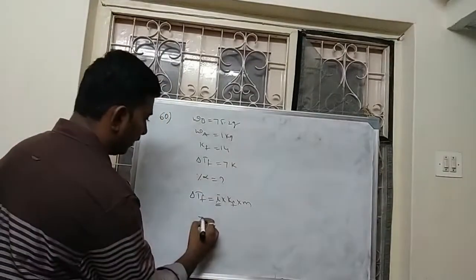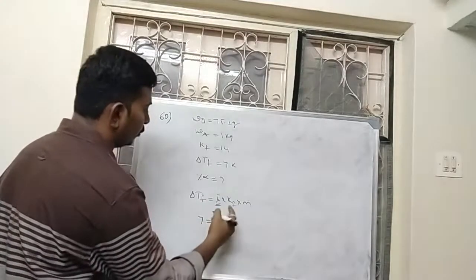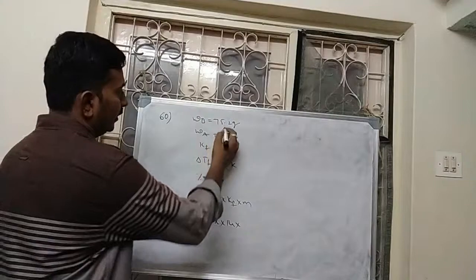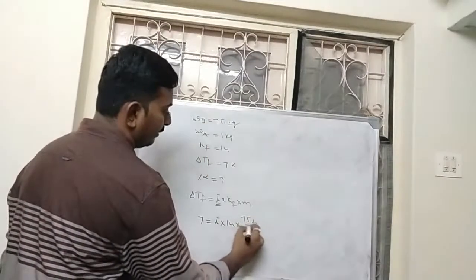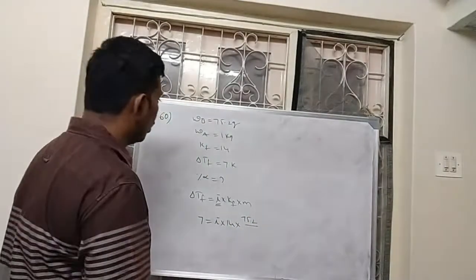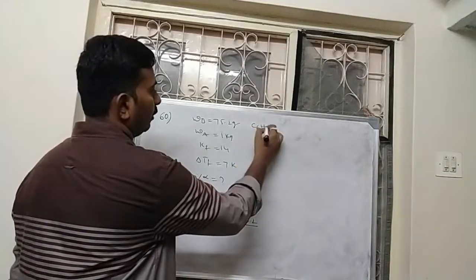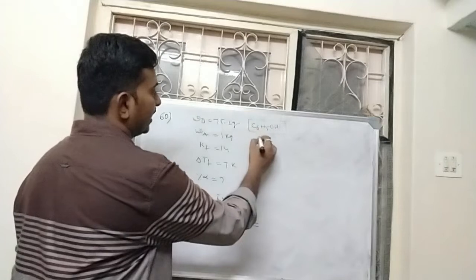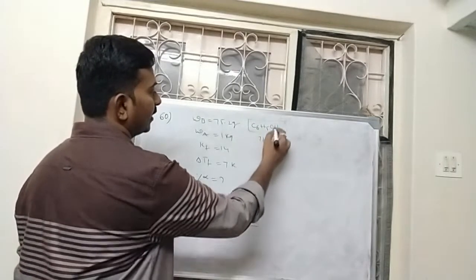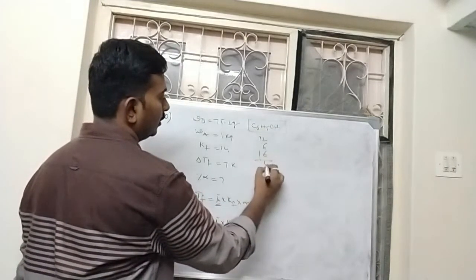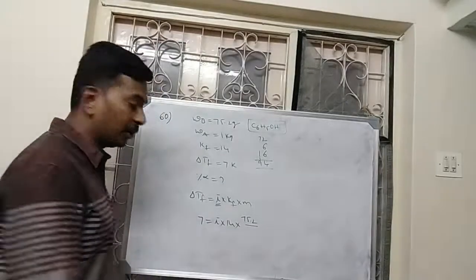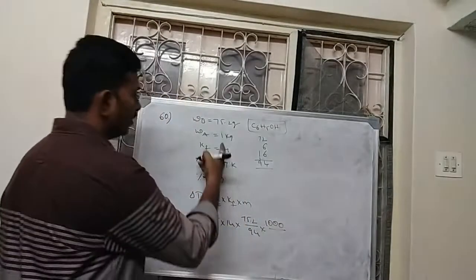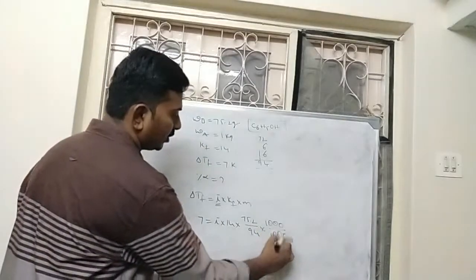Delta Tf, 7, is equal to i into Kf value 14 into molality, that is mass of solute 75.2 by molar mass of phenol. So phenol formula is C6H5OH. So 12 into 6 is 72, plus 6, plus 16. So the molar mass of phenol is 94, into 1000 by mass of the solvent, which is 1 kg, that is 1000 grams.